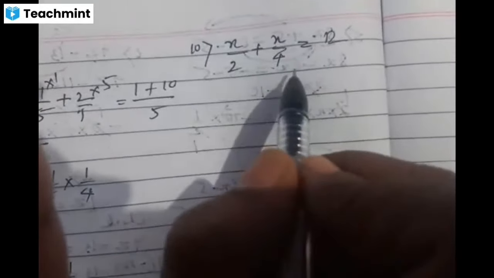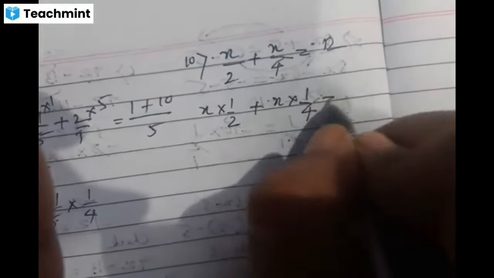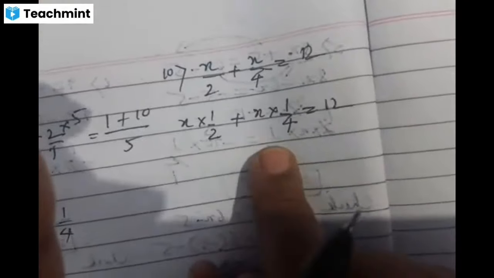Here, how to solve these type of questions, children, you know what is common here. See, x I'll write as x into 1 by 2 plus x into 1 by 4. I'll write one more step. Now, in these two terms, what is common? X is common. So, if I take out x, what is left here?